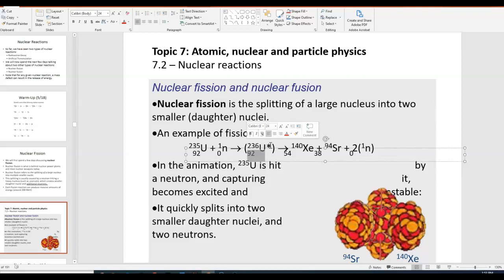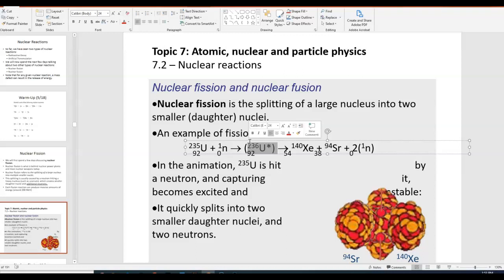Okay, now uranium-236 is so unstable, it basically starts to split. Imagine if you were to get a water balloon and shoot the water balloon with a BB gun and film it in slow motion.